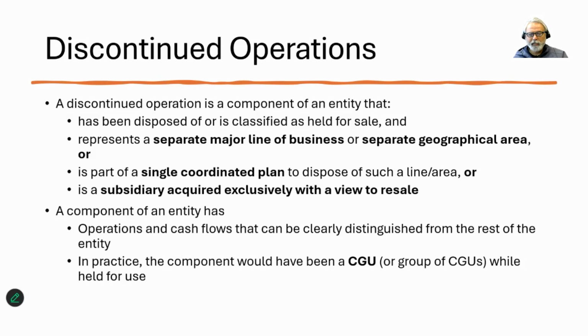It needed to be a cash generating unit. The cash generating unit is a grouping of assets that generate revenues, incur expenses. So it has to be a major line of business or operations in a geographical area. So essentially something that is capable of being operated as a standalone business.